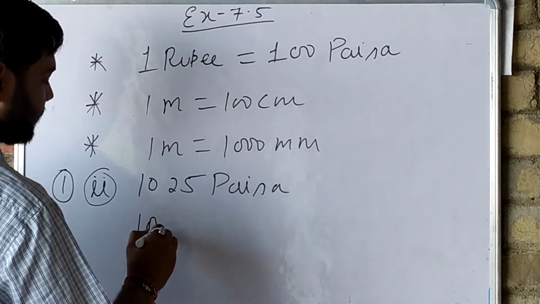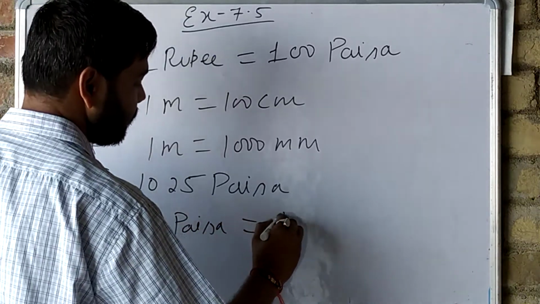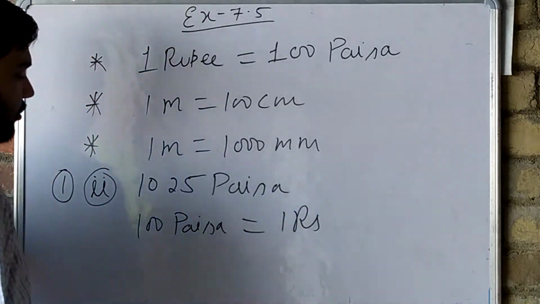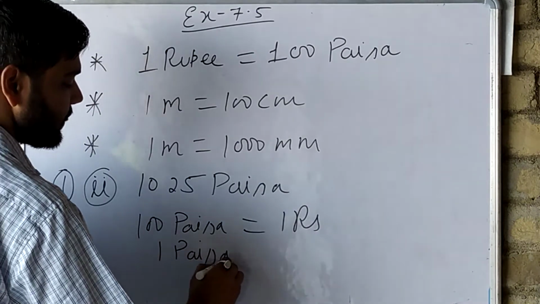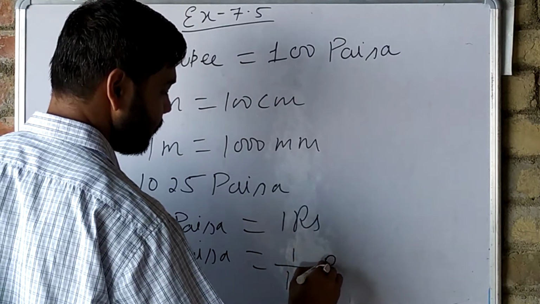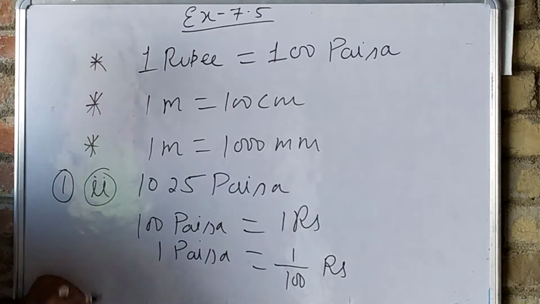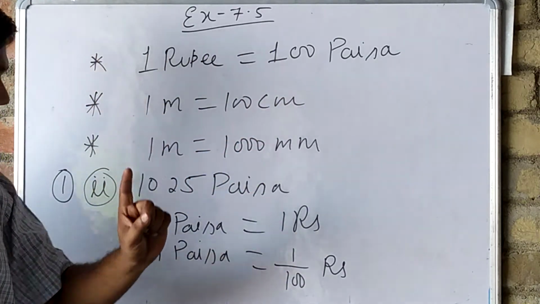That means we can write it like this, 100 paisa is equal to 1 rupee. So in 1 paisa how much? In 1 paisa we will have 1 upon 100 rupees. This will come to divide.